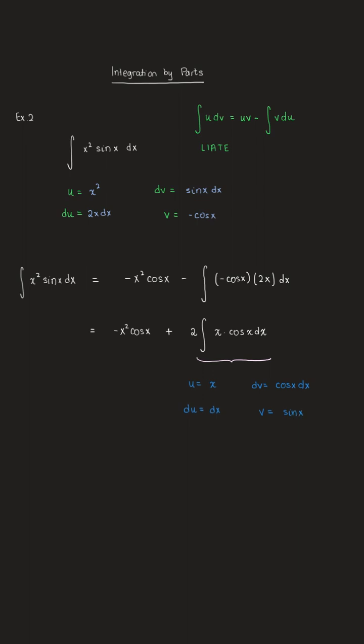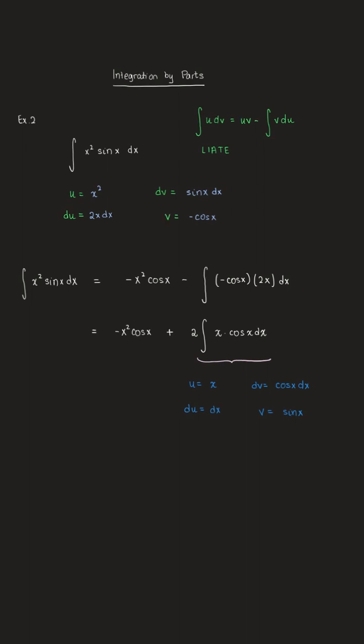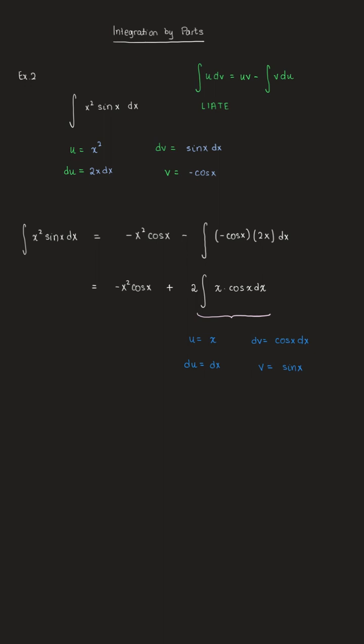So let's go ahead and set up integration by parts on that right side for our second attempt here, or our second part. So from the original integral, we had the negative x squared cosine x, and we still have that constant 2. And now we're going to apply integration by parts to the integral of x cosine x dx.